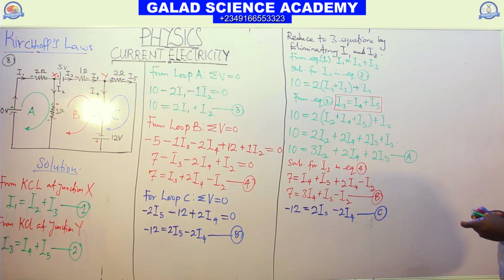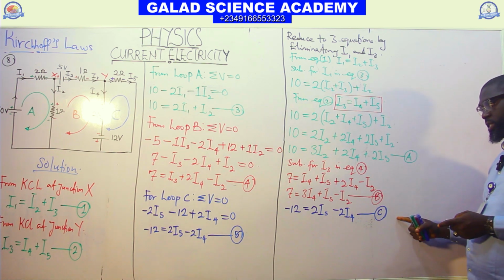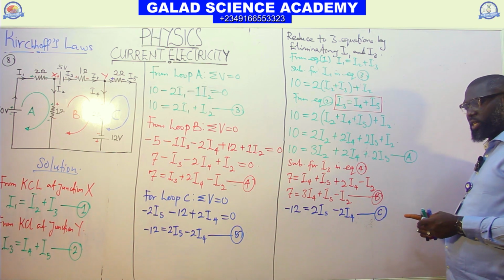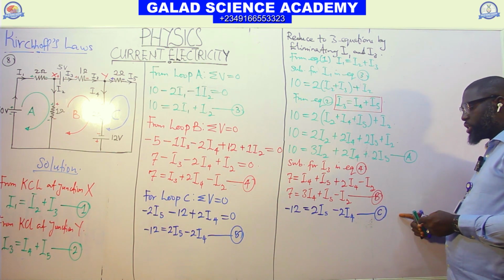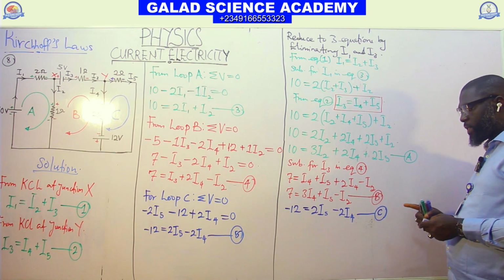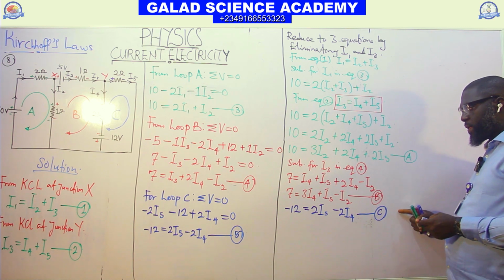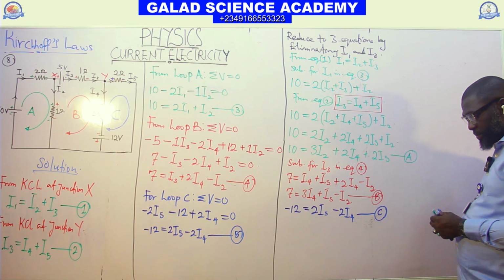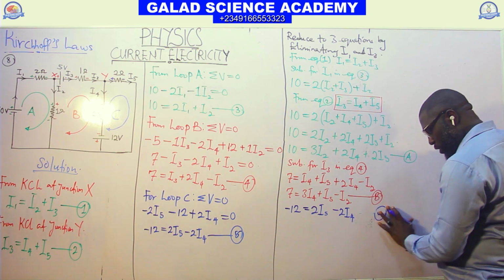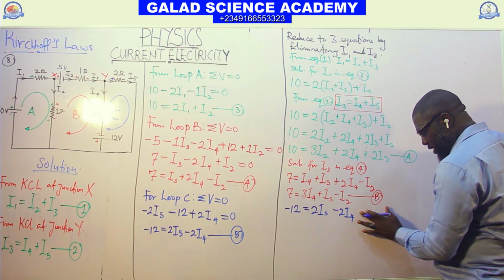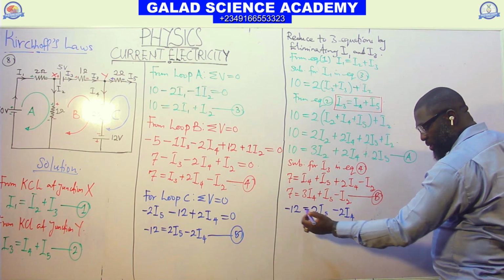So if we solve this simultaneously, we get I2, I1, I3. From this equation, let me divide both sides by 2.